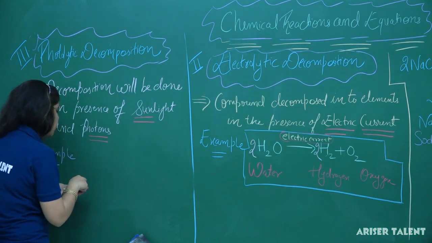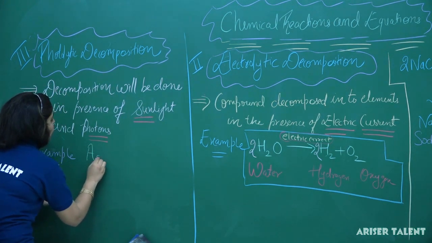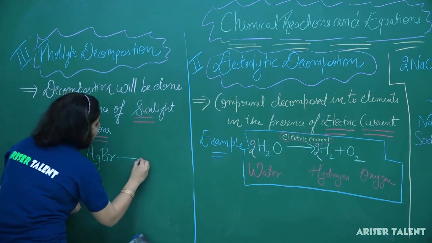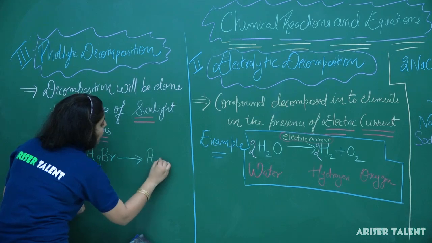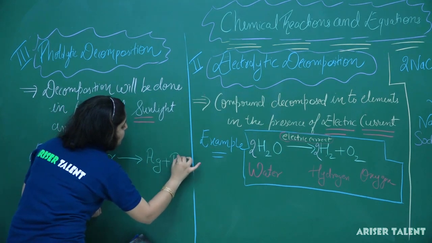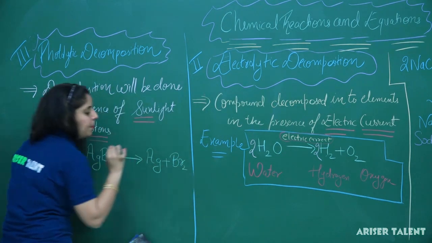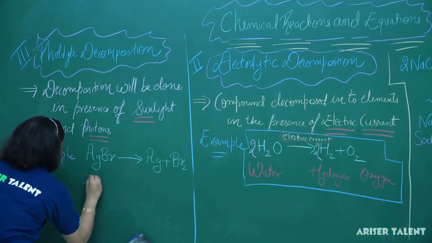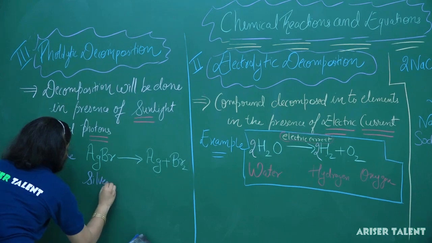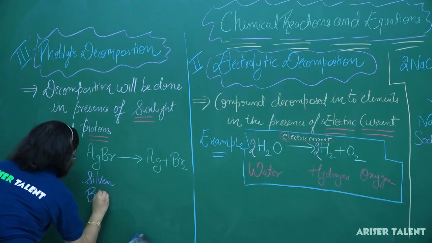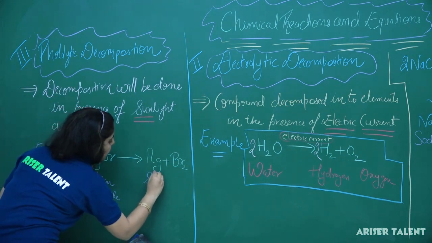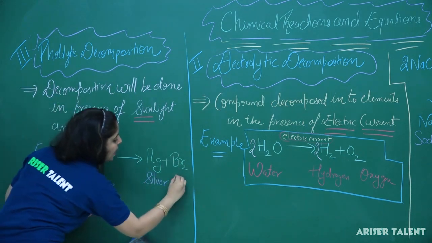Suppose we have to dissociate silver bromide, that is AgBr. Now what will we get on the product side? We will get Ag plus Br2. This is silver bromide. Ag is for silver and Br is for bromine.